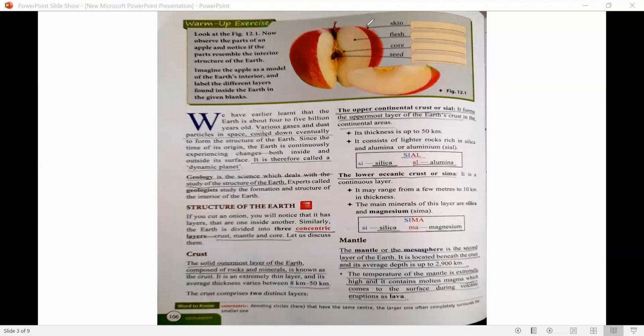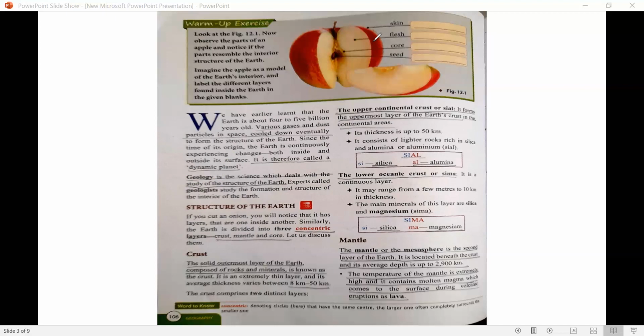I don't have the answer for that right now, but it is because of an amino acid, a sulfur compound. Leaving that topic, coming back to this one: if you cut an onion, you will notice that it has many layers, one inside another.